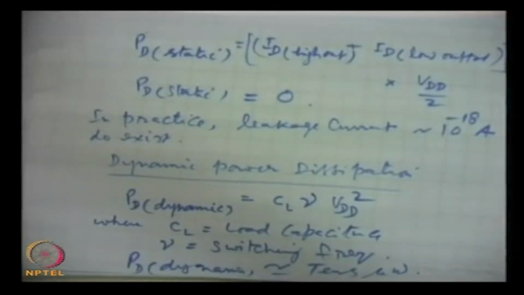So, the static dissipation is close to 0 and dynamic dissipation is of the order of few tens of microwatts per circuit, per inverter for example, and if we combine the two, the total power dissipation is extremely low. I am repeating the statement that CMOS logic demonstrates least power losses.